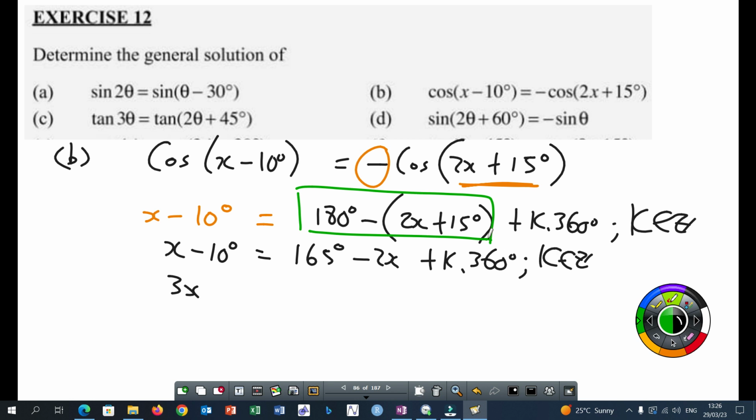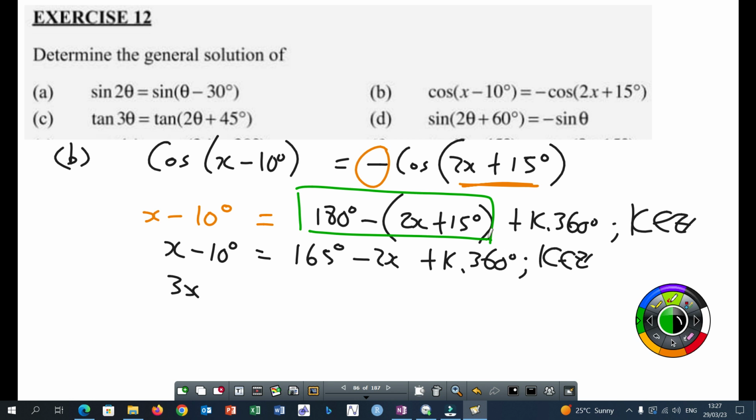In which two quadrants is cos negative? Second and what? Third. Second and third. Okay? Your reference angle is 2x plus 15. If you want to get any angle between 90 and 180, you have to subtract this angle here from 180 degrees for you to be in the second quadrant.